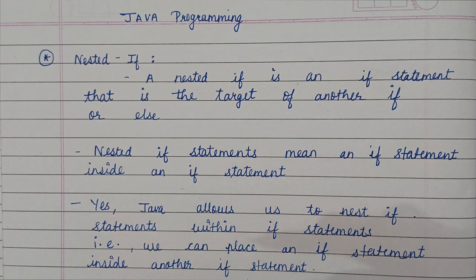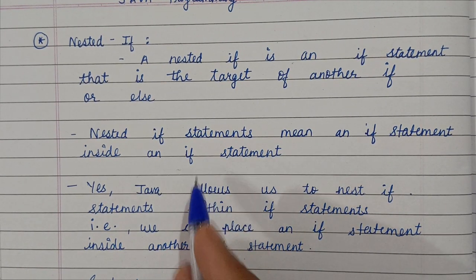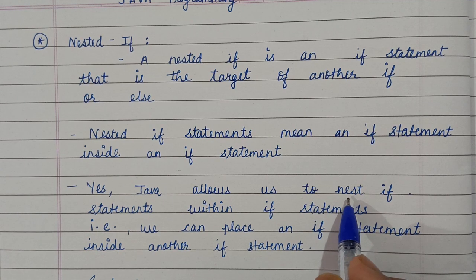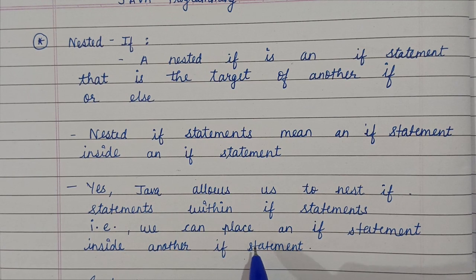Inside that block, another if statement exists. This is called a nested if statement. Yes, Java allows us to nest if statements, that is, we can place an if statement inside another if statement.